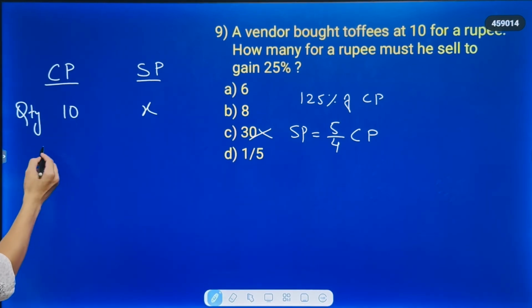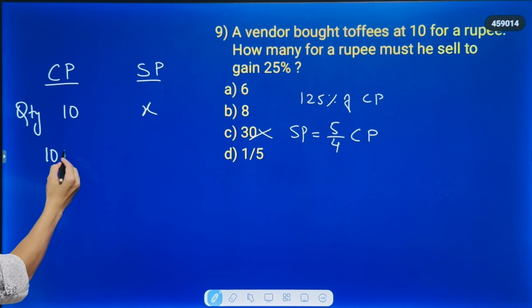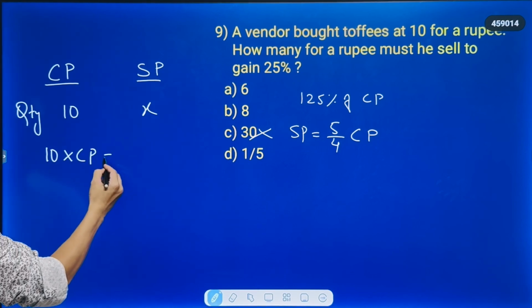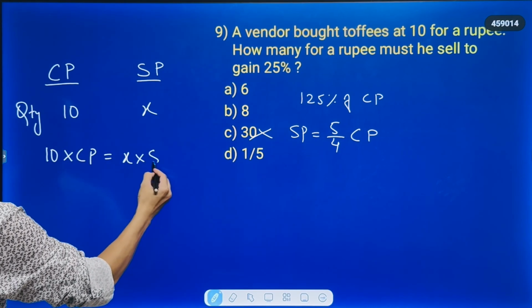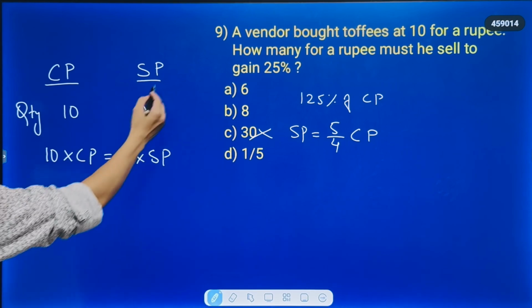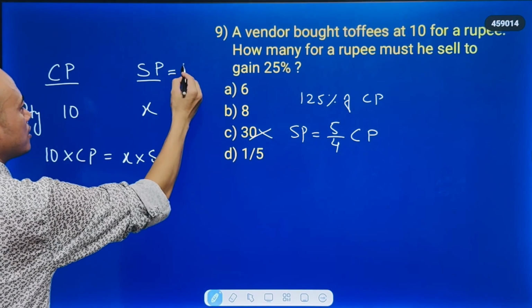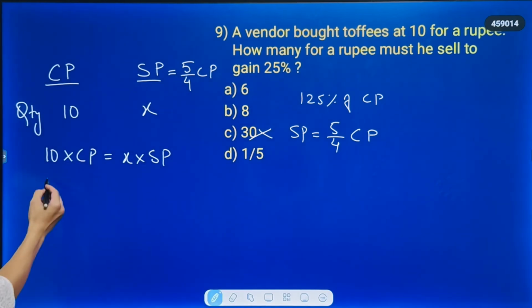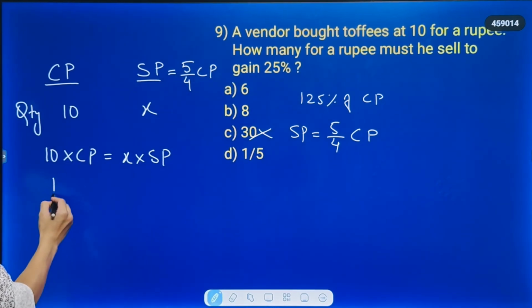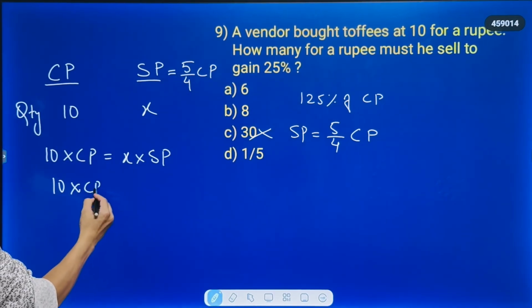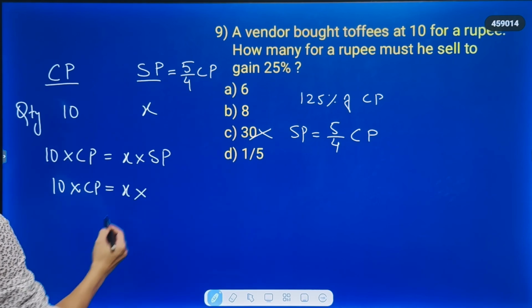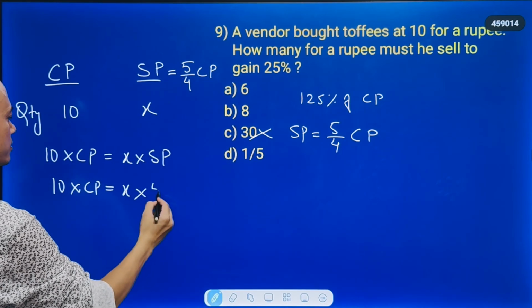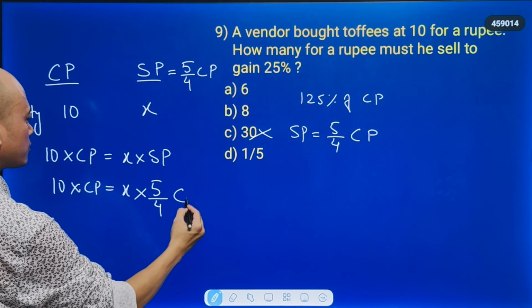Now we make the equation: 10 into CP is equal to x into SP. So what is SP here? SP is 5 by 4 CP.